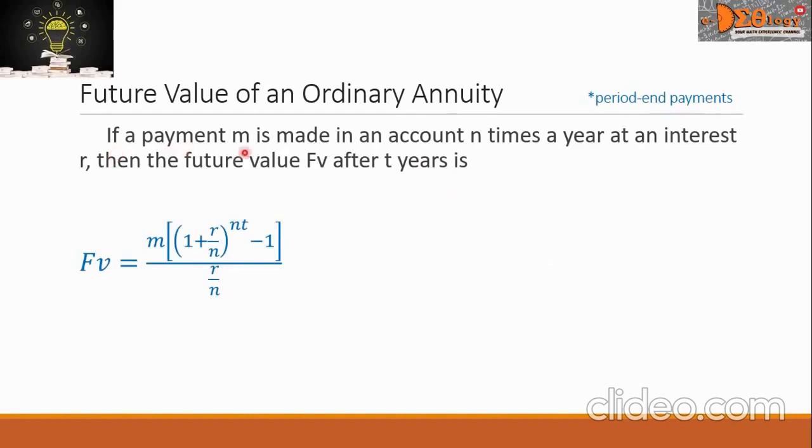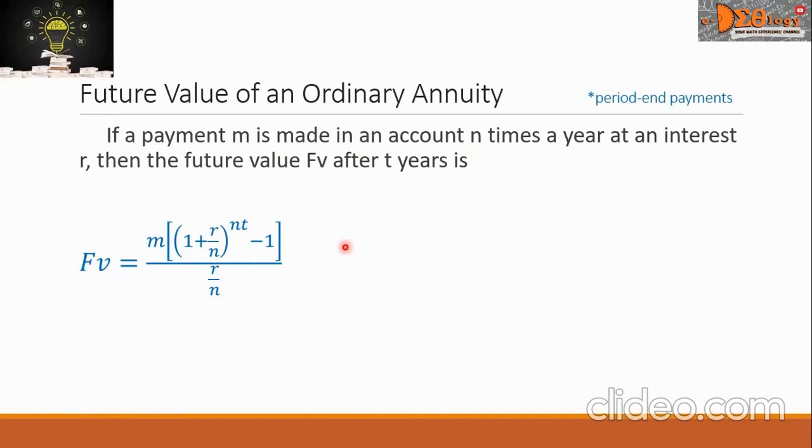If a payment M is made in an account n times a year at an interest R, then the future value FV after t years is given by this formula.